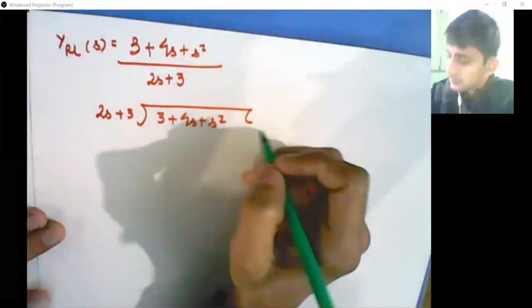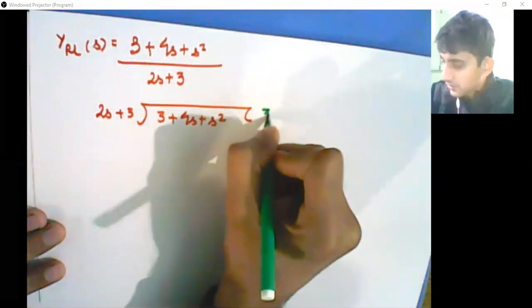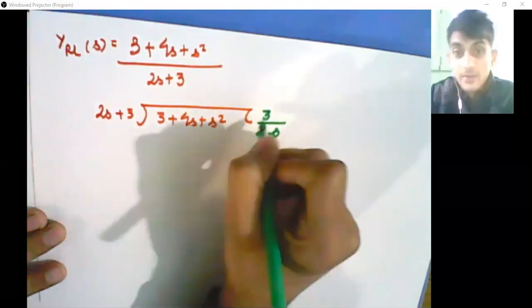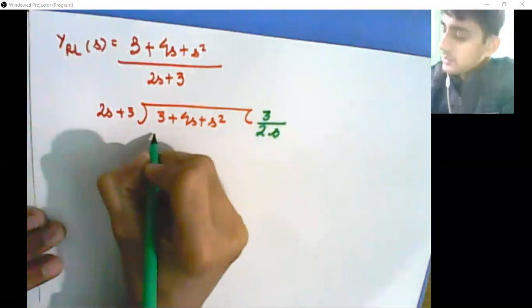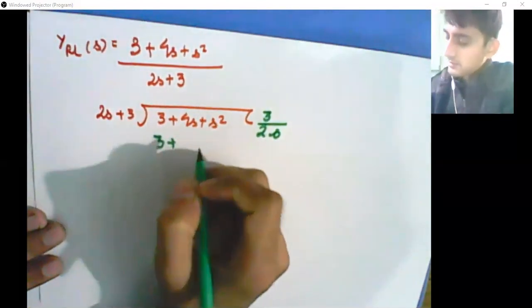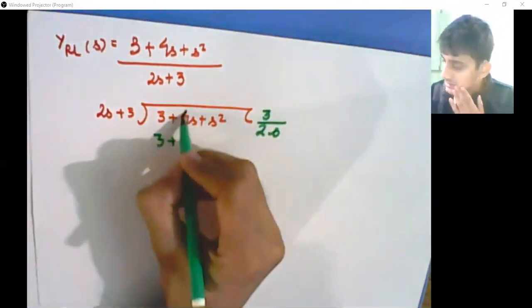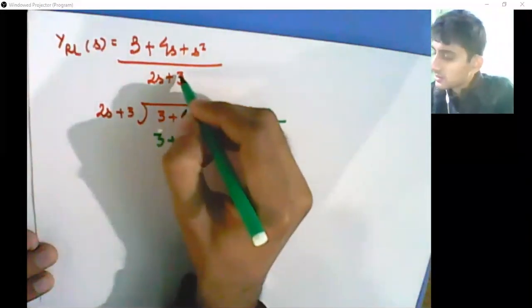You got, first of all, it is actually going to be 3 by 2S, right? 3 by 2S. It is perfectly fine. I can have it. So this is 3 by 2S, and this should be not 2S plus.